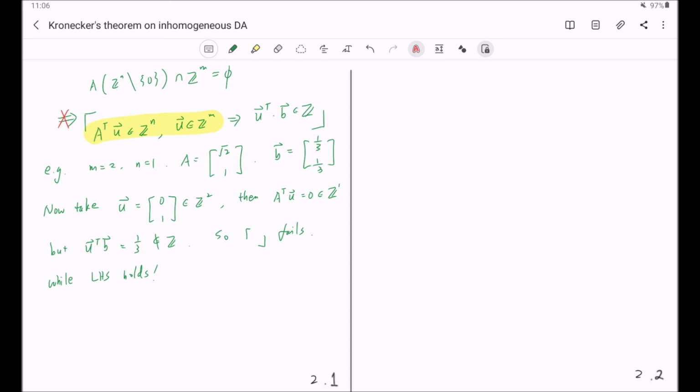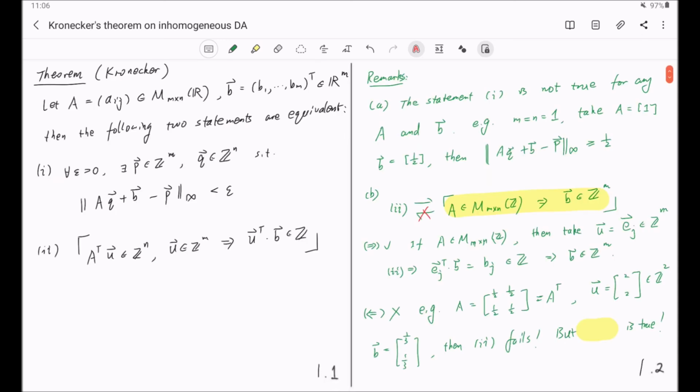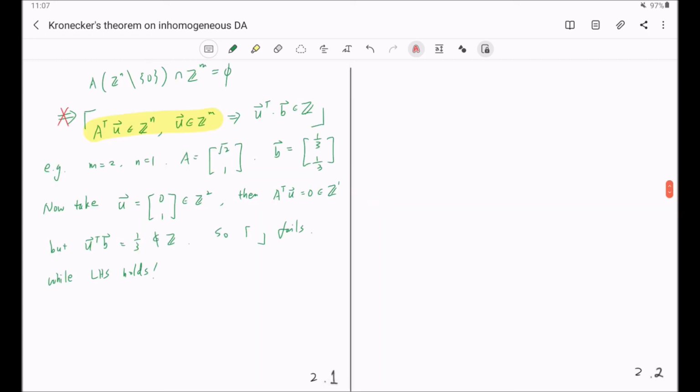And by the Kronecker theorem, this guy is equivalent to the first statement, which says the pair A and B can be approximated by integer vectors sufficiently well. So in particular, this tells you that this condition does not necessarily guarantee a good approximation in the inhomogeneous setting.